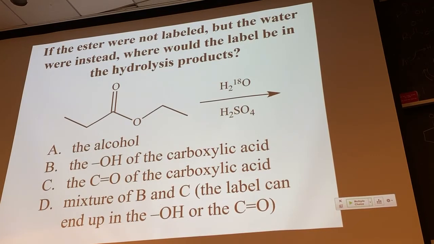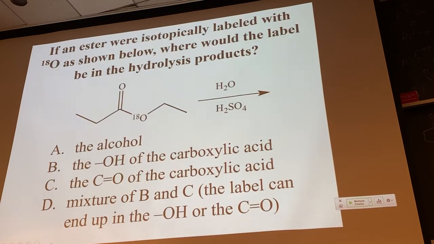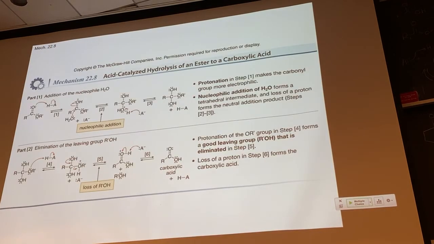Okay. So if we go back and we look at the mechanism, we see that our water attacks. After we deprotonate our water, we have two OHs that are equivalent. Okay, so from here, actually it's in step 5, you could draw this curved arrow from either of these two oxygens.